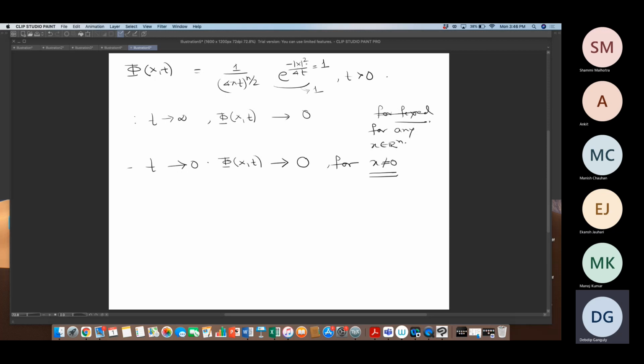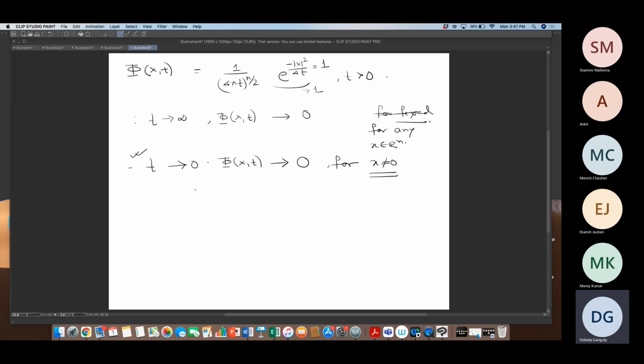Because if x is not equal to 0, the exponential will be the dominating term. So this goes to 1 by e to the power infinity. The exponential is more dominating than the polynomial, so the behavior is determined by this, and it goes to 0 faster than 1 by t goes to infinity. This is very important to understand. So phi(x,t) has a problem at t tending to 0 when x equal to 0.